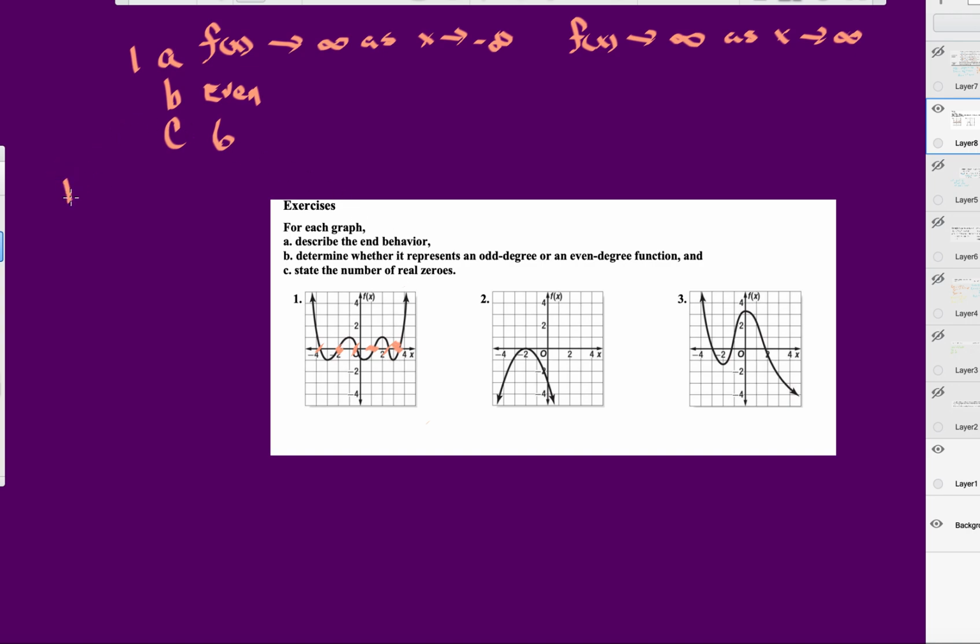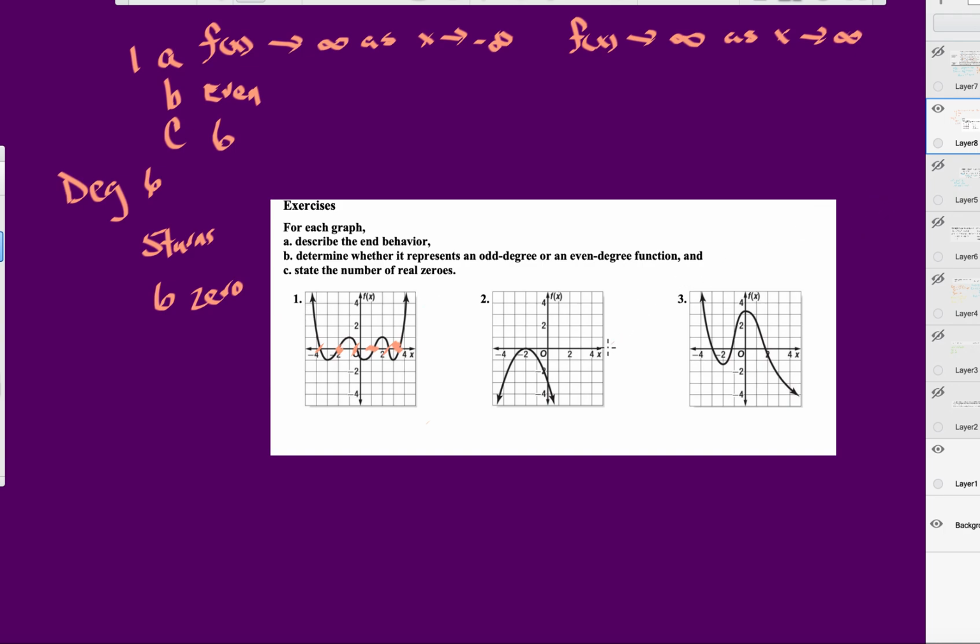This, believe it or not, has a degree of 6, most likely, and because it has 5 turns, you'll learn that later. And it has all real zeros because the maximum number of zeros could possibly be the degree number. So 6 zeros. All right, and that's it. You can analyze the next one.